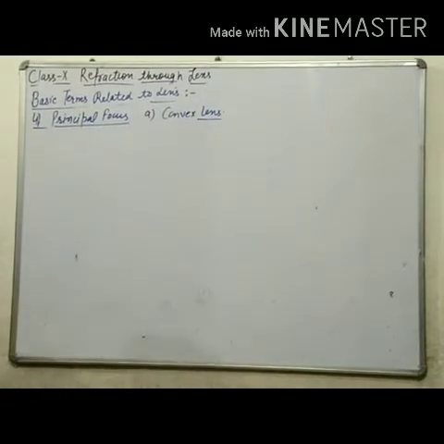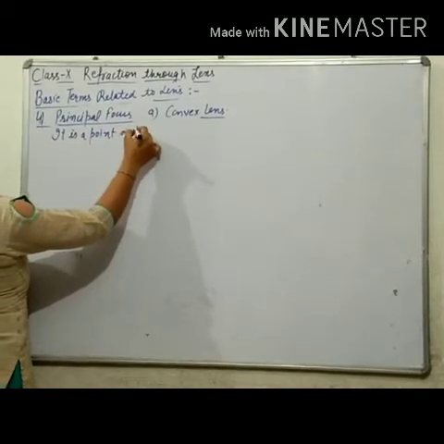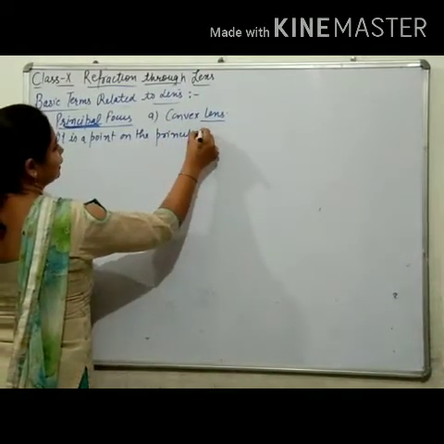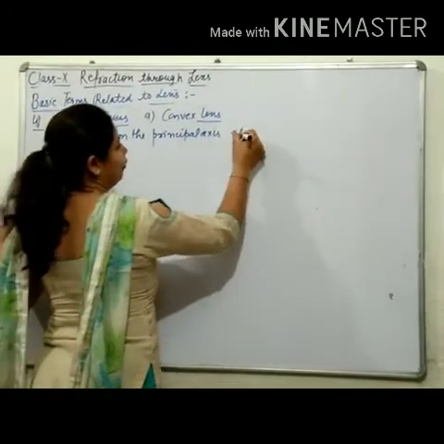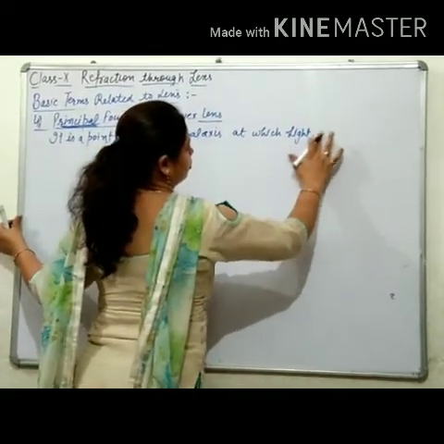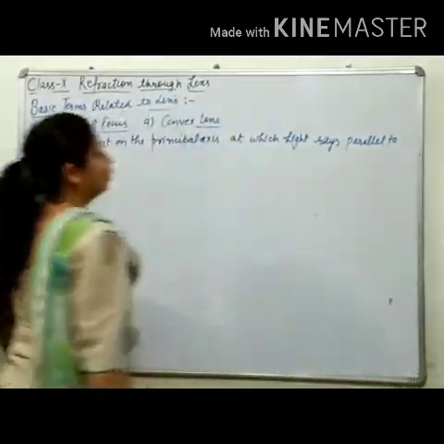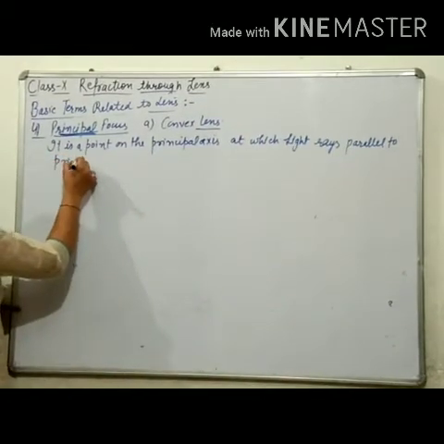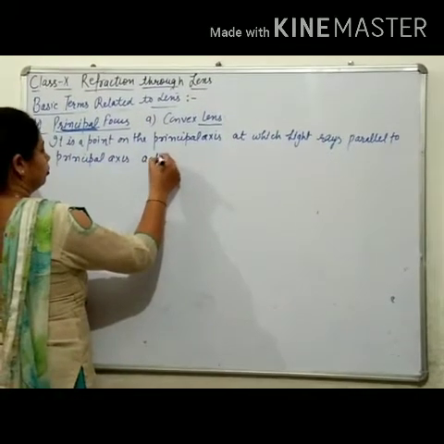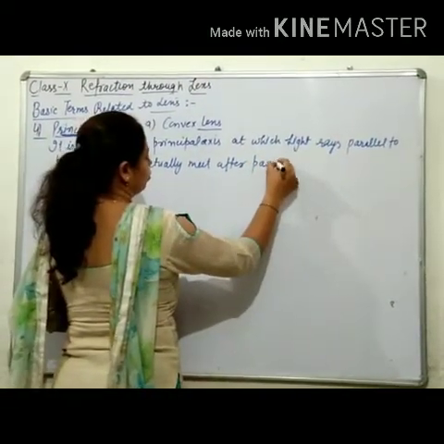What is principal focus of a convex lens? It is a point on the principal axis at which light rays parallel to the principal axis actually meet after passing through the lens.